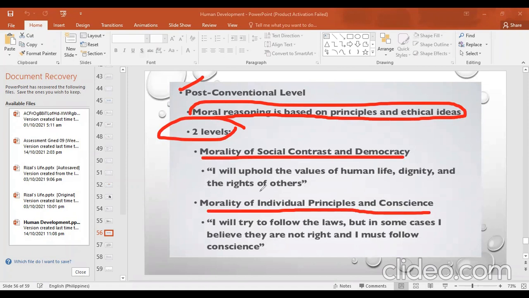So for level number 5, andito yung tinatawag natin na social contract. Okay. In social contract, individuals are aware na kahit na may law ay hindi naman talaga lahat ay nasusunod. There are laws na nabobroke or hindi nasusunod.